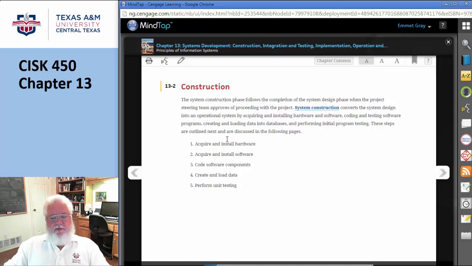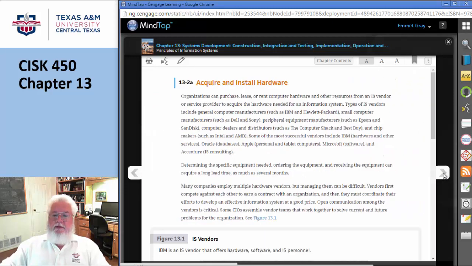So they talk about these major steps, and we'll go through them, acquiring the hardware and software and all the rest of those things. Okay, so essentially acquiring the hardware is not all that difficult. Most people do turnkey. In other words, they hire a vendor to come in and buy the hardware and servers, etc., and set it up.